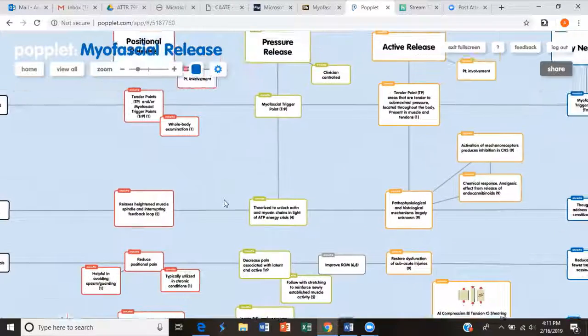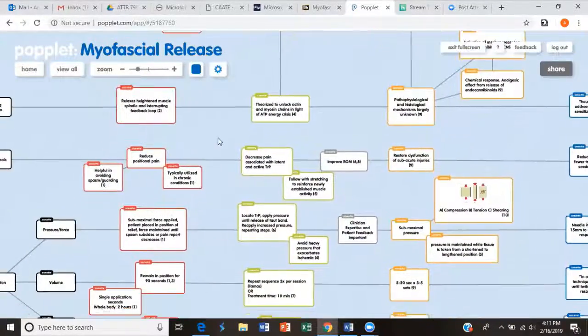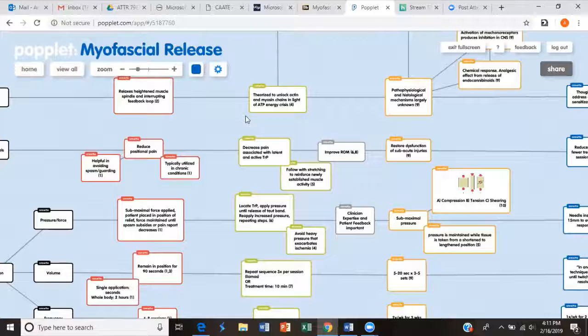Looking at the treatment goals of pressure release, we know that the research shows decreased pain associated with latent and active trigger points, and this treatment is encouraged to have stretching followed immediately after to reinforce newly established muscle activity.